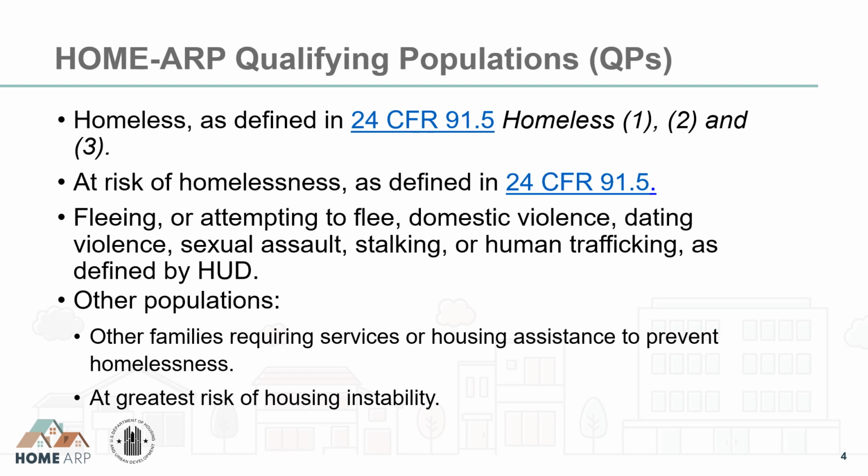The QPs include those homeless as defined by 24 CFR 91.5, homeless definitions 1, 2, or 3, those at risk of homelessness as defined by 24 CFR 91.5, persons fleeing or attempting to flee domestic violence, dating violence, sexual assault, stalking, or human trafficking as defined by HUD in 24 CFR 5.2003, and other populations, including families requiring services or housing assistance to prevent homelessness, as well as those at greatest risk of housing instability.